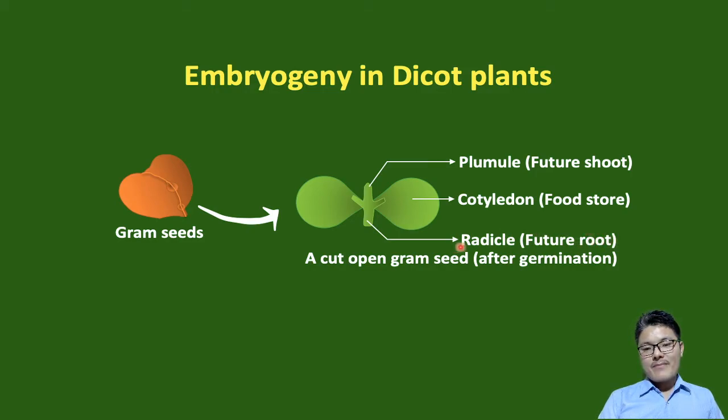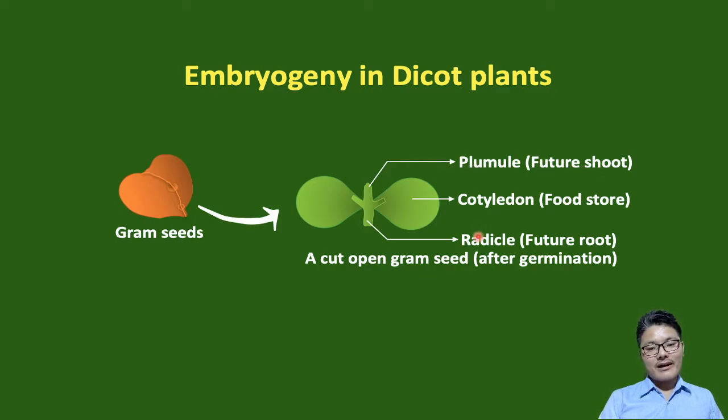So in order to remember radicle forming root system, both the term radicle and root system are starting with letter R. So radicle will be forming root system and plumule will be developing into shoot system.